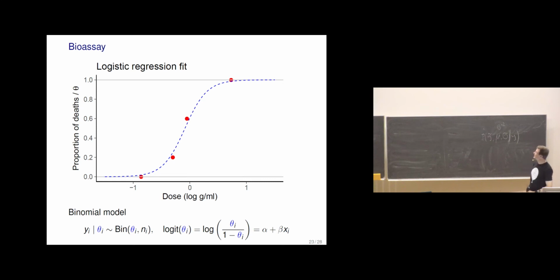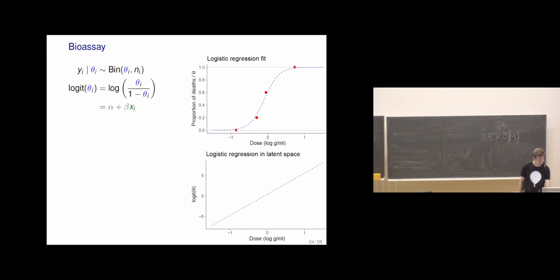And it seems that this now nicely fits the data. We often call this a linear model in latent space. And then we have logistic regression, because we have this logistic transformation.